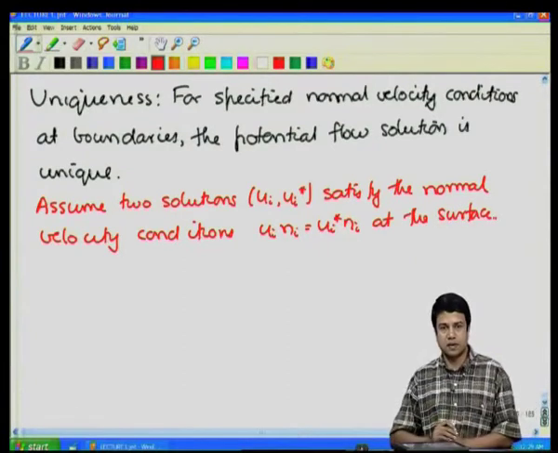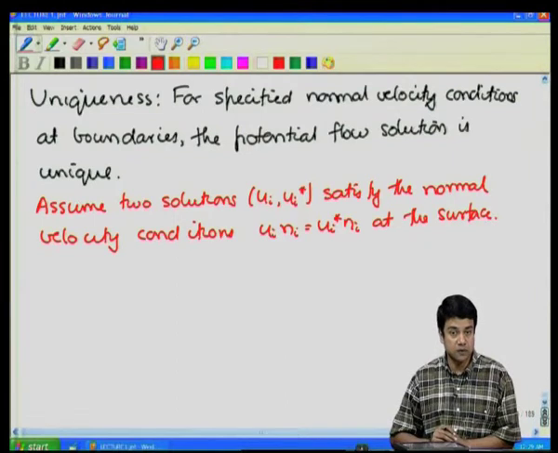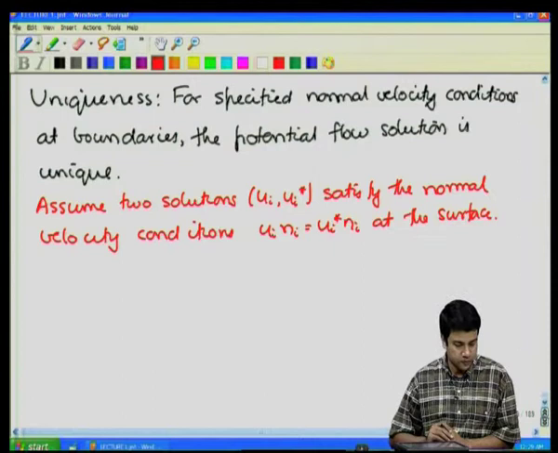So, we will first postulate that there are two possible solutions, both of which satisfy this normal velocity condition, and then we will show that both of these solutions turn out to be identical to each other.